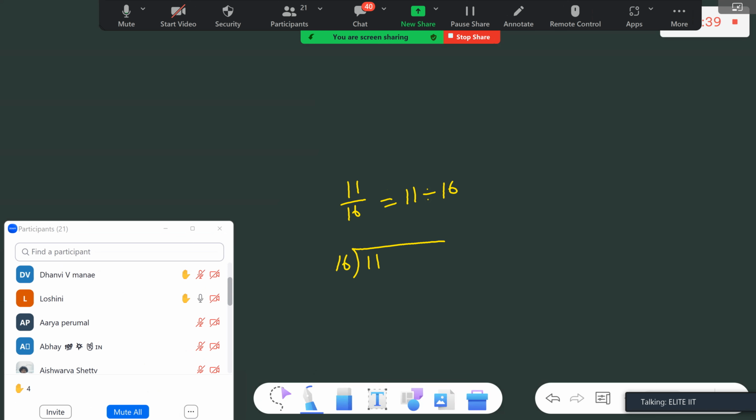The one in the denominator is our divisor, isn't it, in a fraction? Now what quotient will you get less than or equal to 11 here? Can you divide 11 by 16? Exactly, because you cannot divide 11 by 16, isn't it?